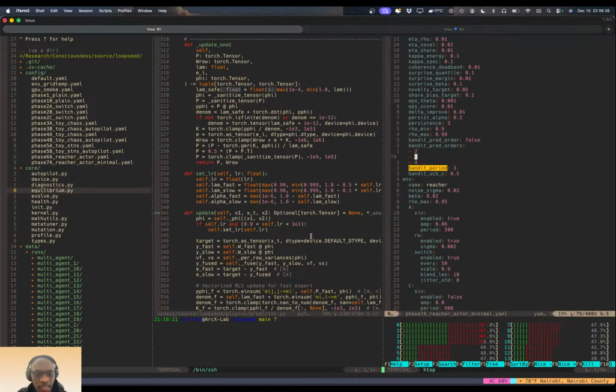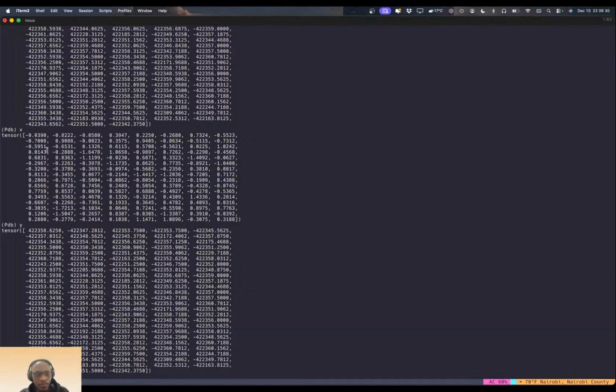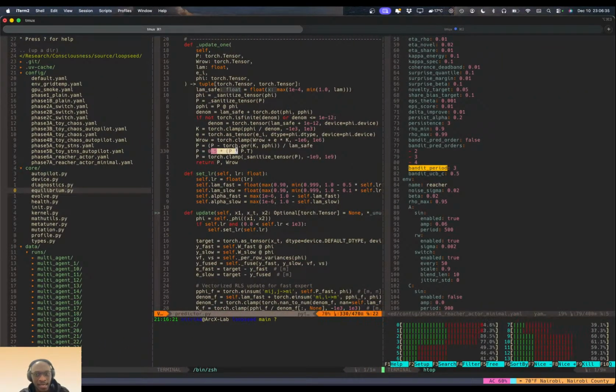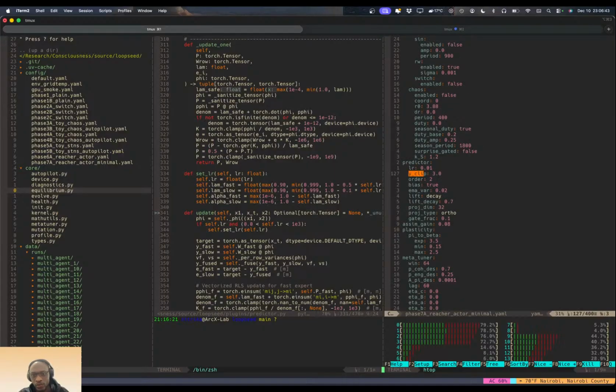So today we solved the bug we had, and clamping the weight helped a lot because we set clip to 3.